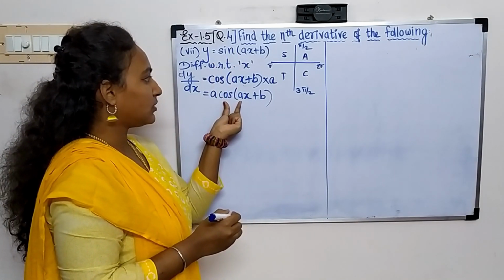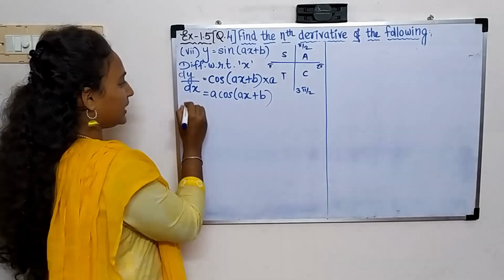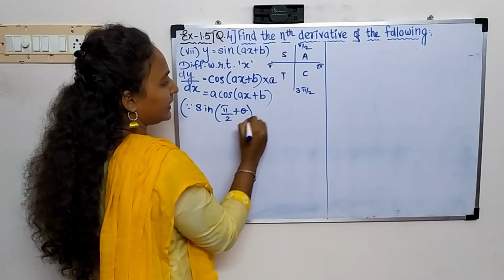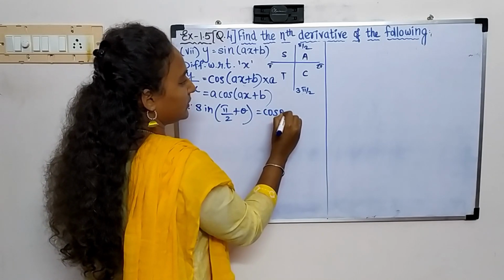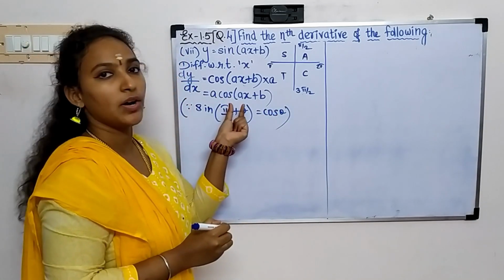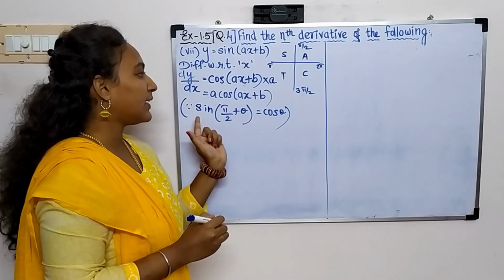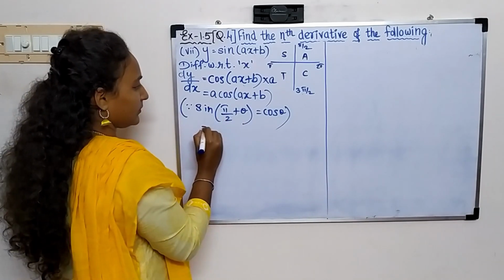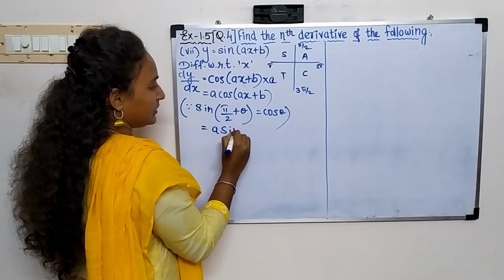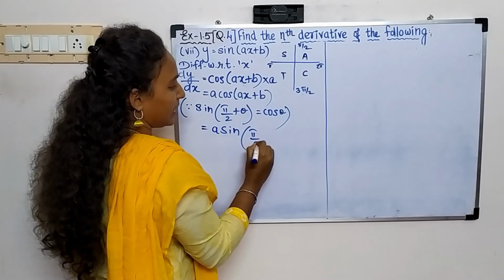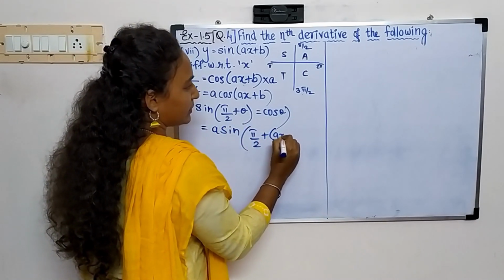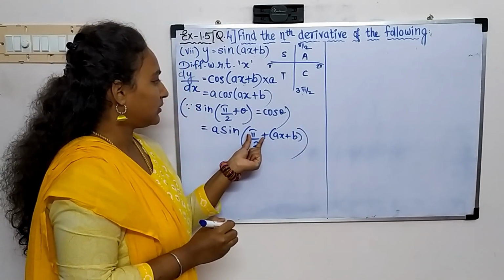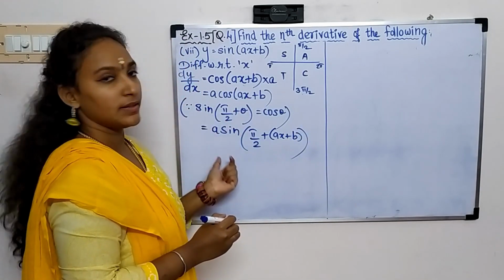So this is cos ax plus b. We know that sine pi by 2 plus theta is cos theta. Therefore in place of cos ax plus b we can write sine pi by 2 plus ax plus b. That is a sine pi by 2 plus ax plus b. Okay. So answer is done now.